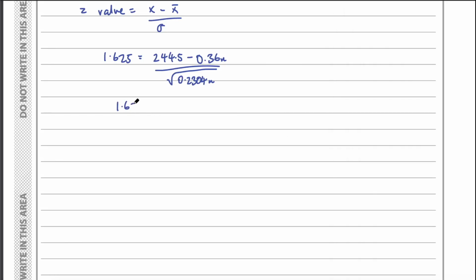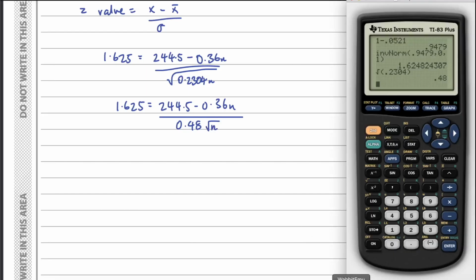So 1.625 equals 244.5, take 0.36n over 0.48 times the square root of n. Then multiply by that denominator. So we'd get 1.625 times 0.48 root n. So I could work that out. 1.625 times 0.48 is 0.78.